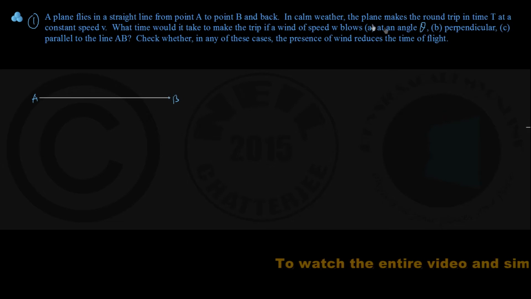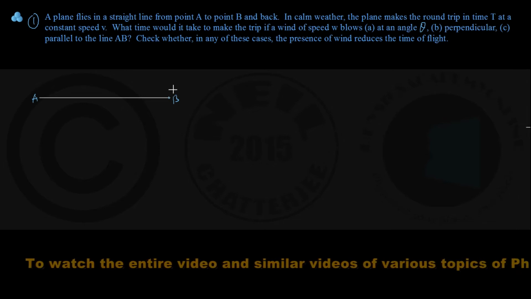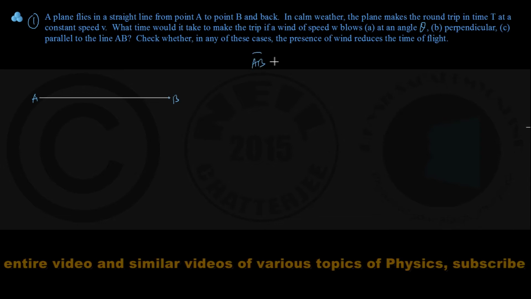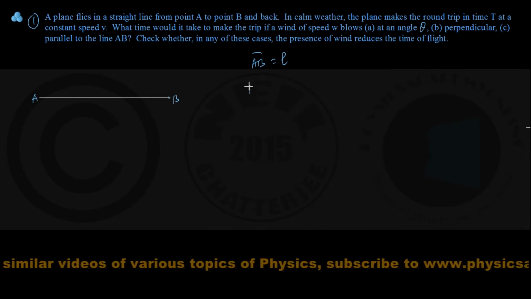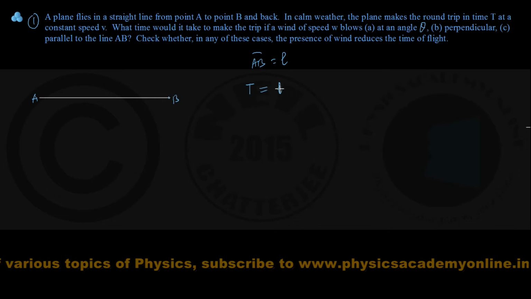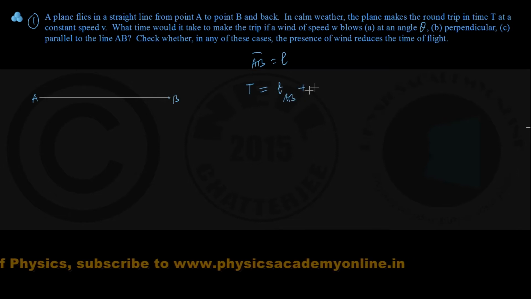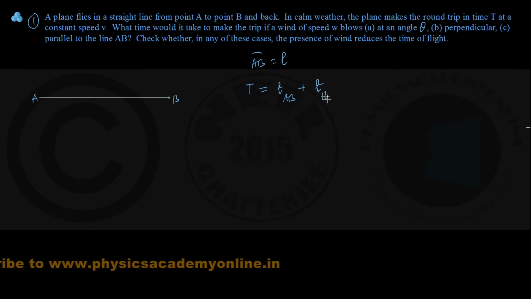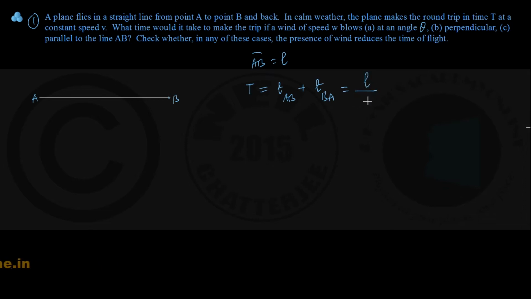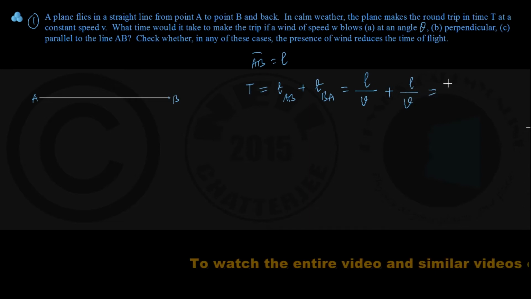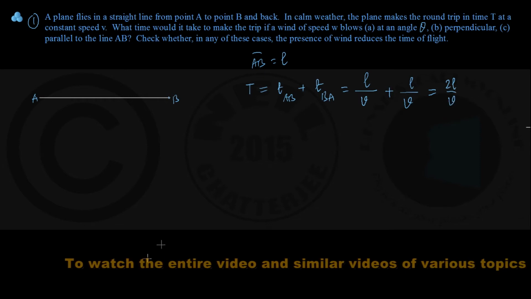They have said here that if there is no wind, that is in calm weather, the plane makes the round trip in time capital T. So let's assume the length AB is equal to L. So the time of flight for the round trip, capital T, is the time taken for the forward trip from A to B plus the time taken for the return trip, that is from B to A. Now in the forward trip, time taken is the length AB, that is taken to be L here, divided by the constant speed of the plane, that is taken to be V, and similarly in the return trip also the same length with the same constant speed, and therefore the time of flight for the round trip is coming out to be 2L by V in the absence of any wind.